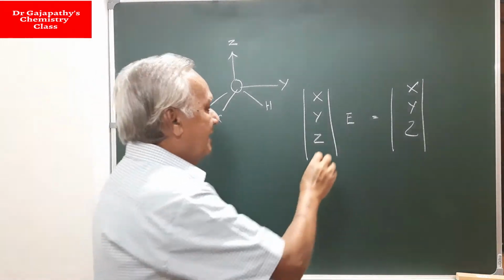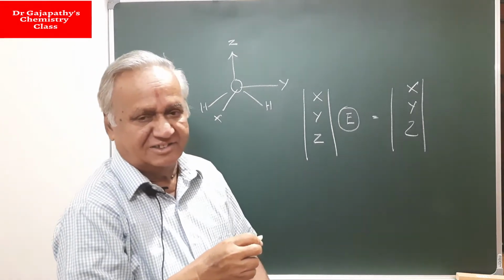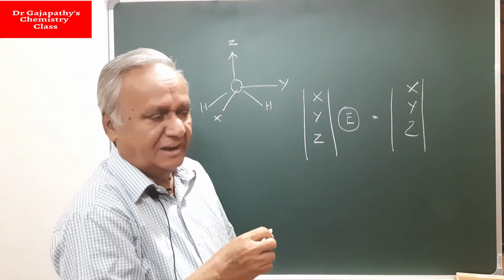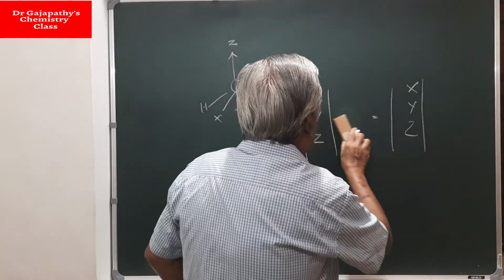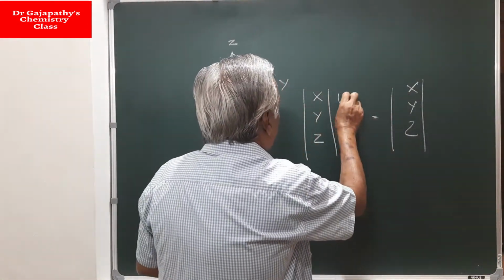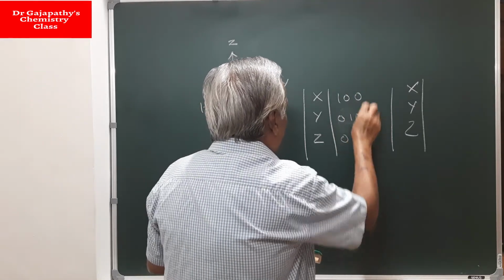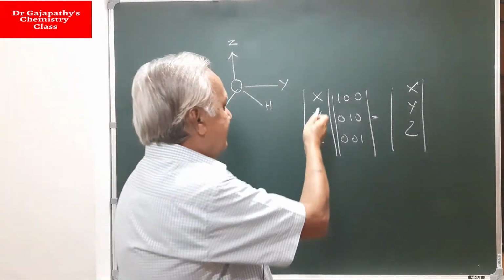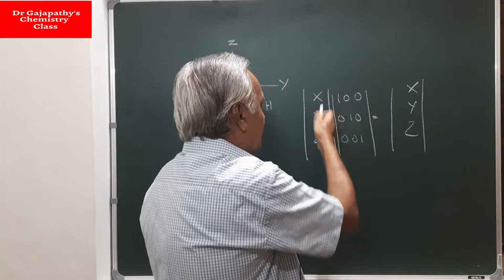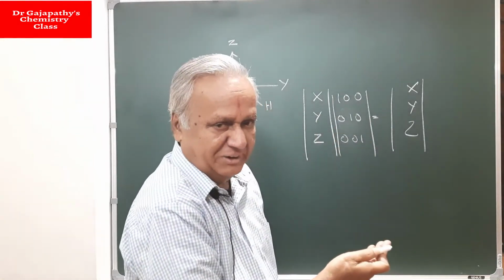Now, I want to represent this identity operation E by a matrix. Let the matrix be 1 0 0, 0 1 0, 0 0 1. If we multiply this row by this column, you know matrix multiplication, I need not explain that.